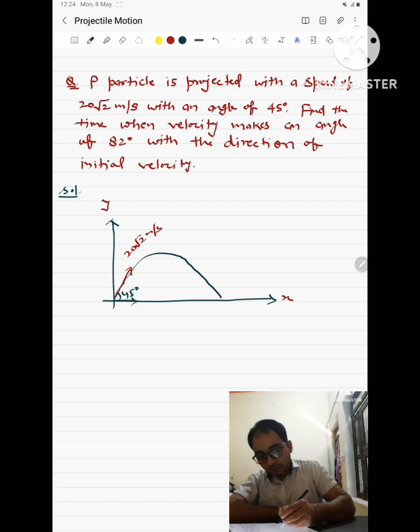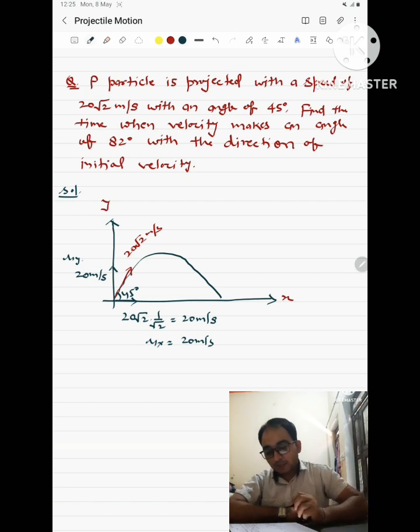So here we get 20√2 into cos 45, which is 1/√2, that is 20 meter per second. Similarly for the y direction, this will be 20 meter per second. So this is ux, that is 20 meter per second, and this is uy.